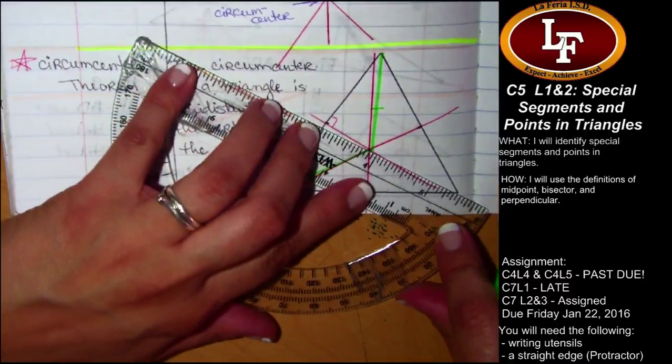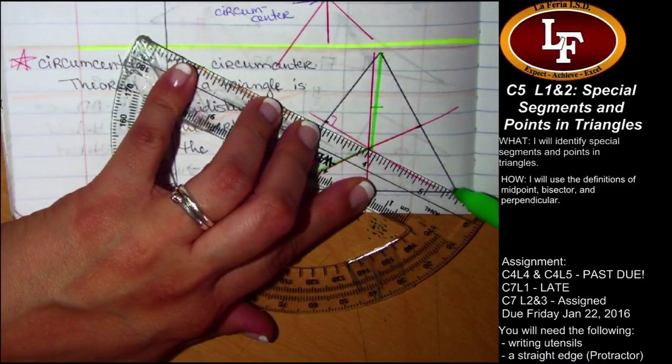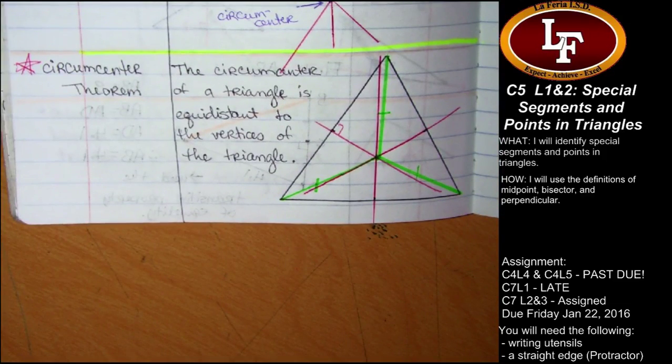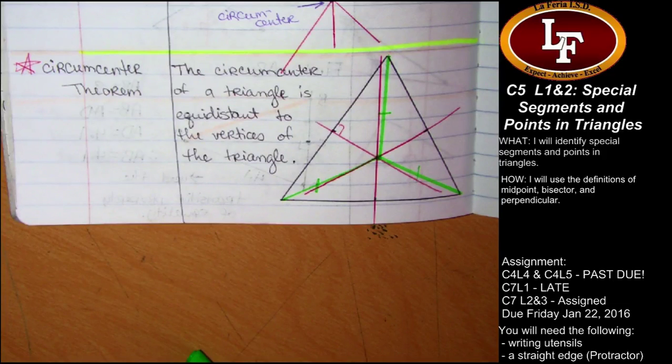Notice how the green lines that I'm drawing don't match up with the perpendicular bisector lines that I had done before. They're different. They're probably different on yours as well when you take your straight edge and connect those.